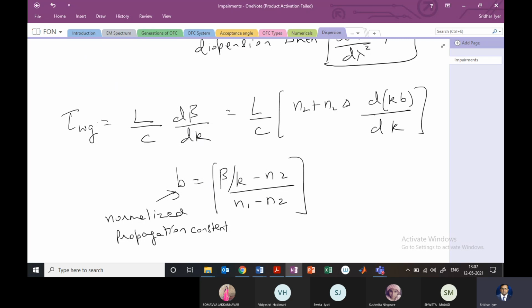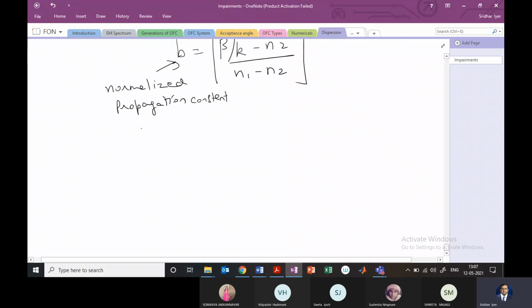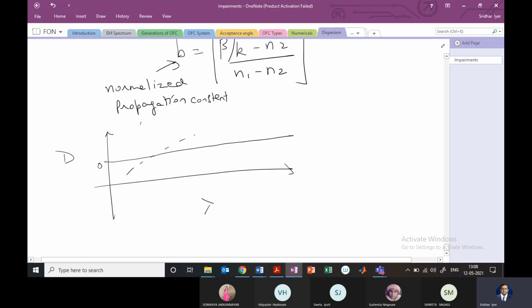So I have kept saying that we want to reduce the total dispersion. Very soon, probably in the next lecture or the lecture after that, we'll see a graph like this, where you have dispersion versus the wavelength lambda, and you will see the zero dispersion. We'll see that the material dispersion will increase with the wavelength. The waveguide dispersion will be on the constant negative side.